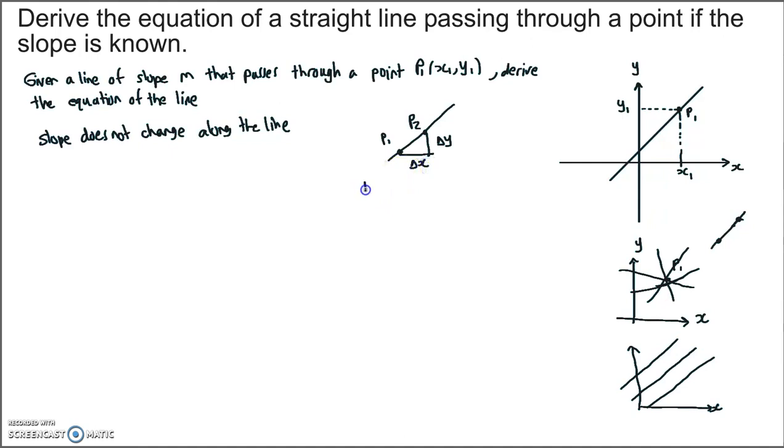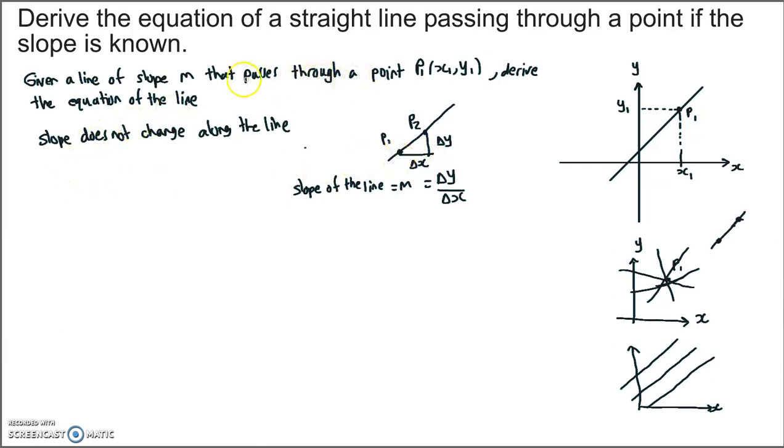We call that m. So slope of the line equals m, which equals delta y divided by delta x. If we have 2 points, it's the difference in the y coordinates divided by the difference in the x coordinates.